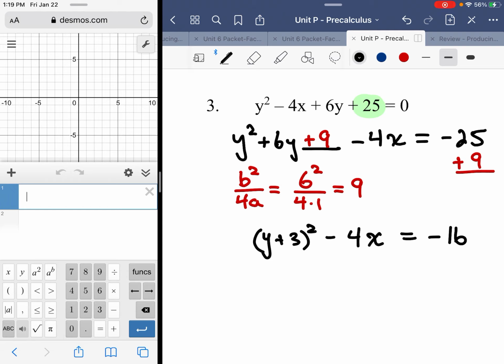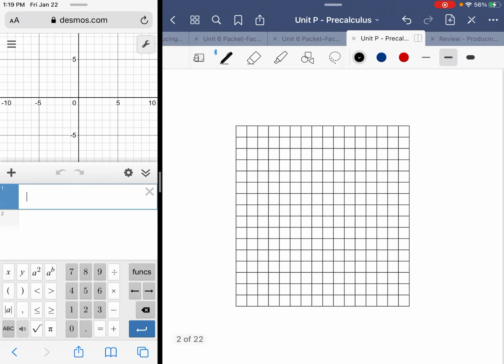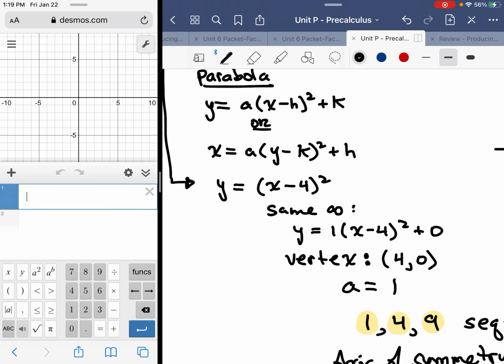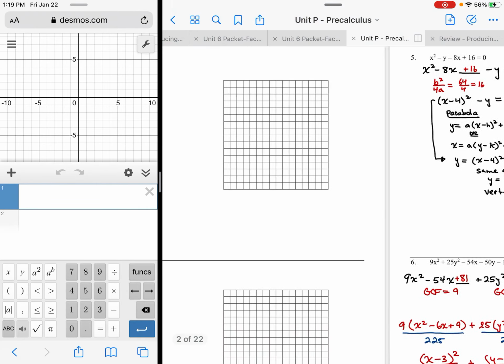All right, so now what I want to do is get it into the appropriate standard form for a parabola. I'm going to steal a little bit of work from the next page. Not really work, it's just notes. I got all this stuff right here. If it ain't broke, you know what I'm saying? Copy.